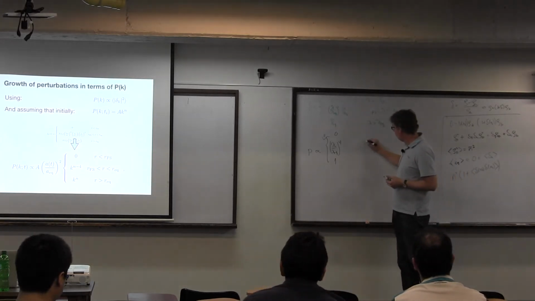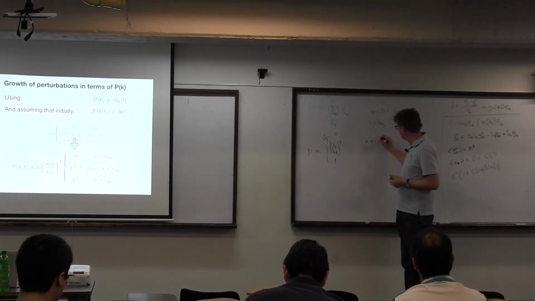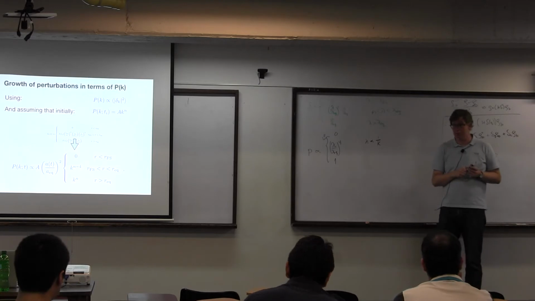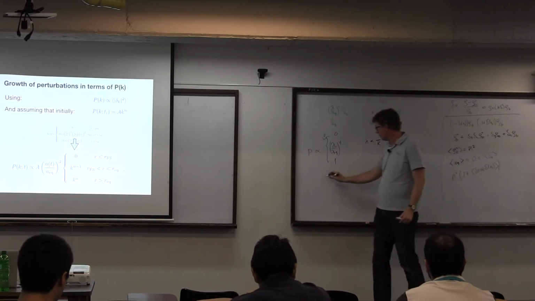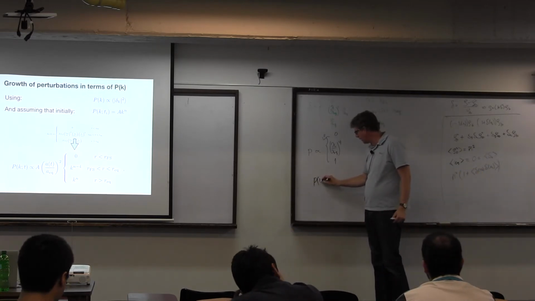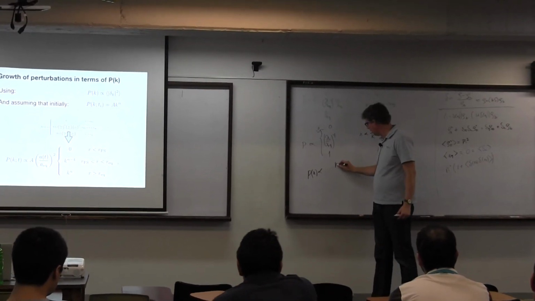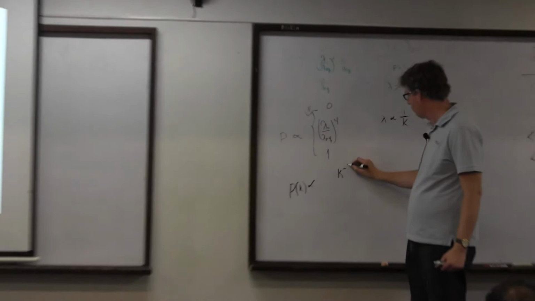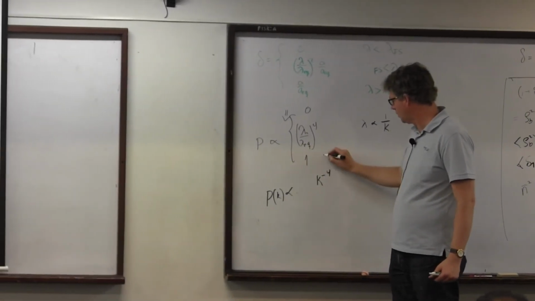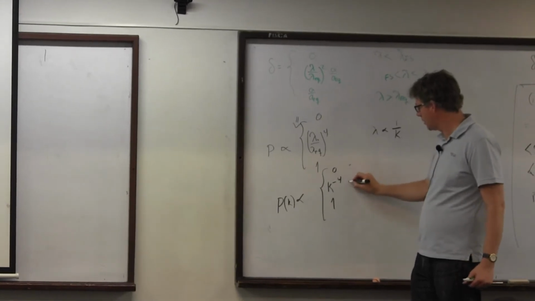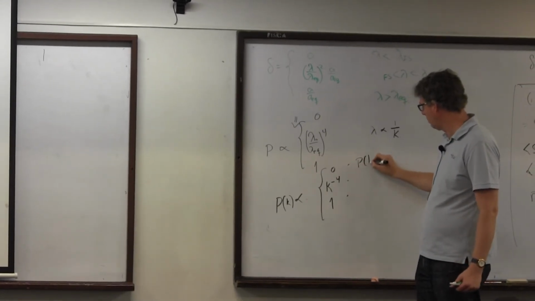And wavelength is proportional to 1 over the Fourier scale. So that means that my power spectrum P of k is going to be proportional to k to the minus 4, or k to the 0, times the initial power spectrum.